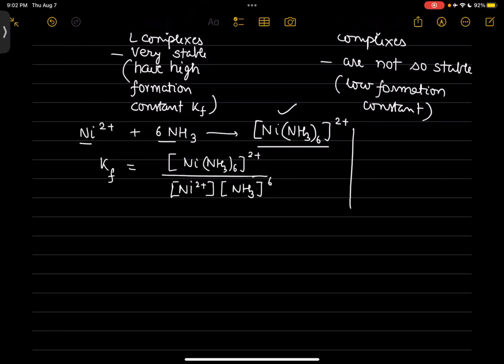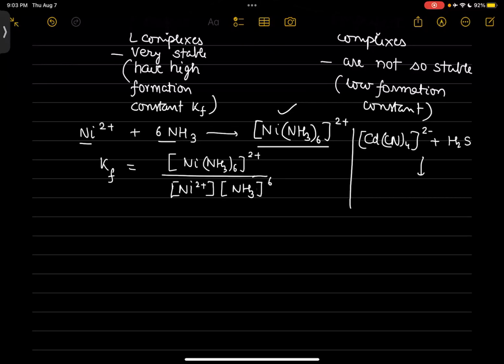So an imperfect complex will slightly break, and you can make the ions react with some other ions because they are slightly splitting and getting separated. Suppose you take the cadmium cyanide complex, and you put H2S gas in it.